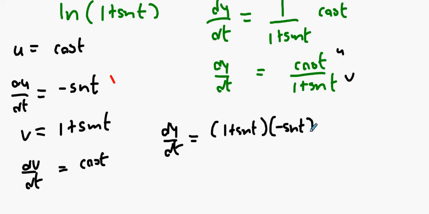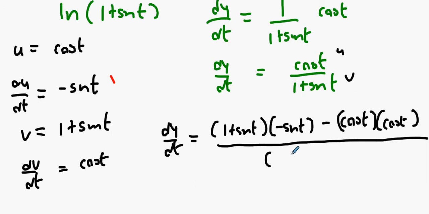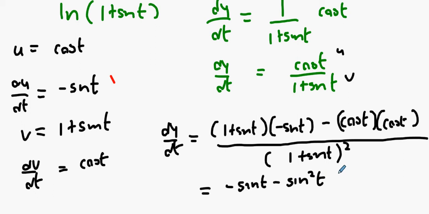Minus cos t by cos t, all over 1 plus sine t squared. Okay, keep going, Ben. Minus sine t minus cos squared t. Yeah. Minus cos squared t. Alright.